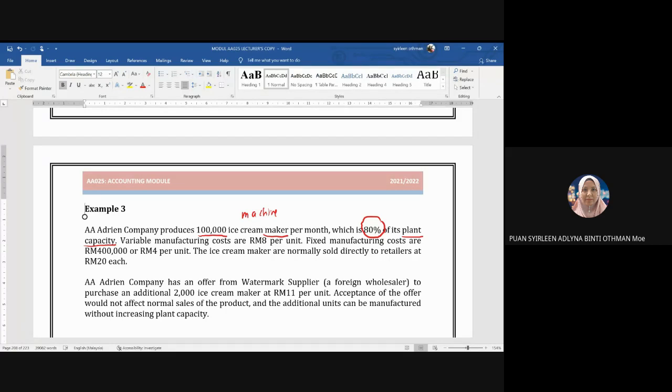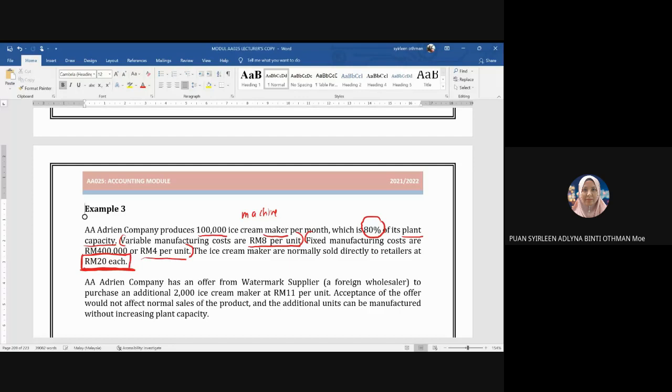Okay, the second information dia bagi tahu variable cost ialah RM8 per unit. Okay, alright, fixed manufacturing costs are 400,000 or RM4 per unit. Okay, this is variable. And this is fixed. The ice cream maker are normally sold directly to retailers. Ini ialah harga biasa kita jual, RM20.